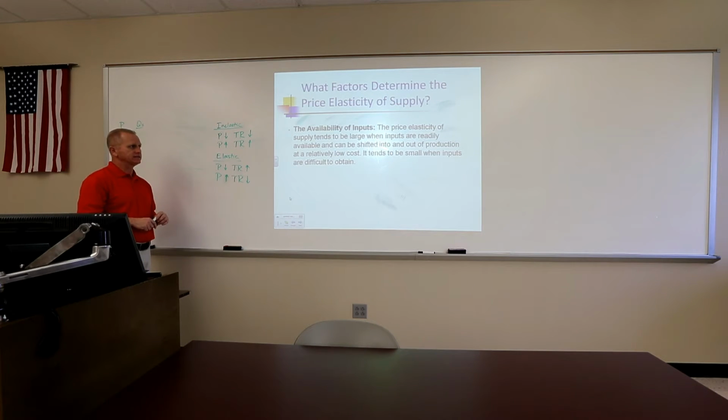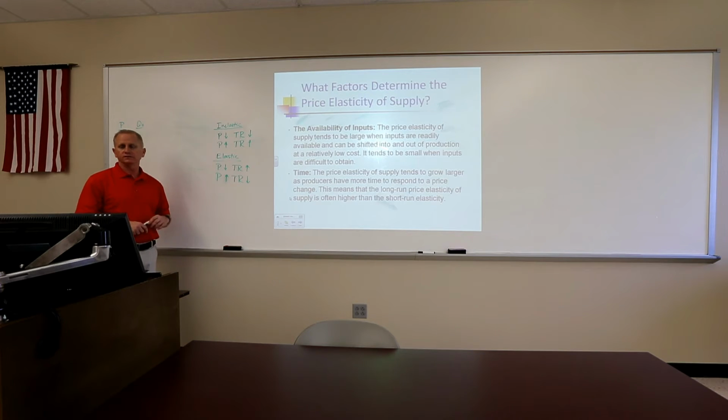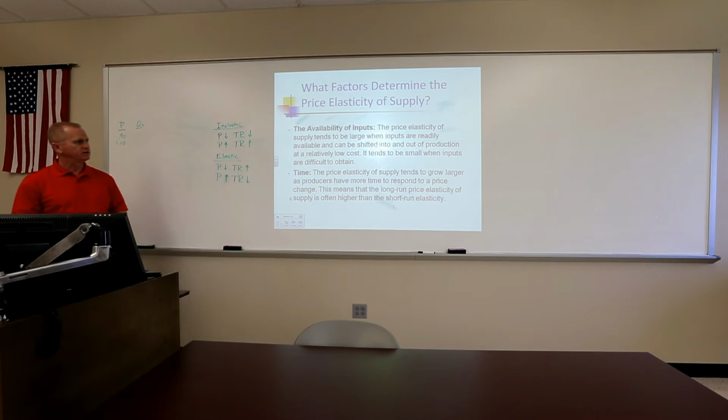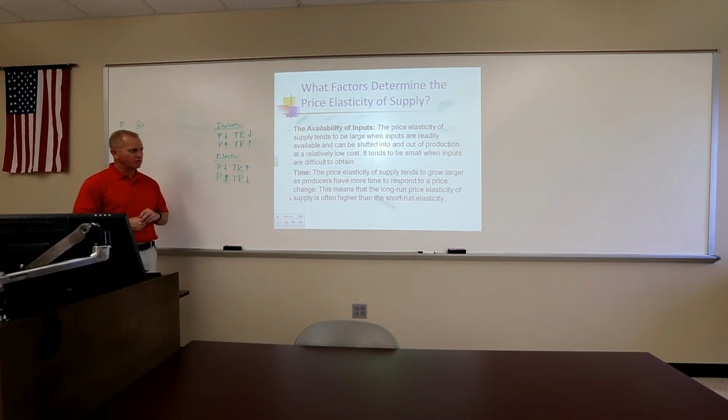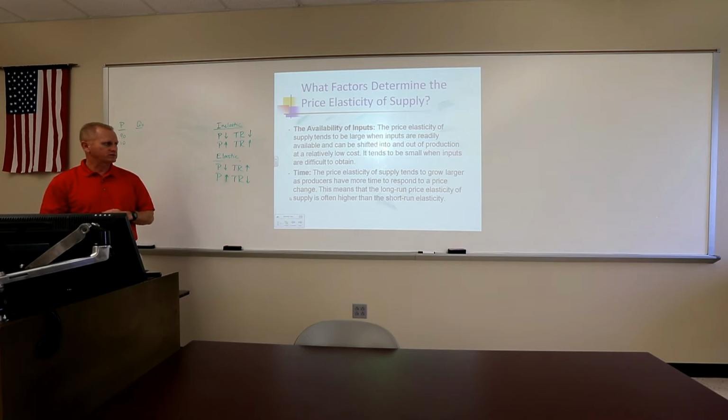Very inelastic. Again, that time element. So this is kind of repeating the previous slide. Price elasticity of supply tends to grow larger as producers have more time to respond to a price change. This means that the long run price elasticity of supply is often higher than the short run.